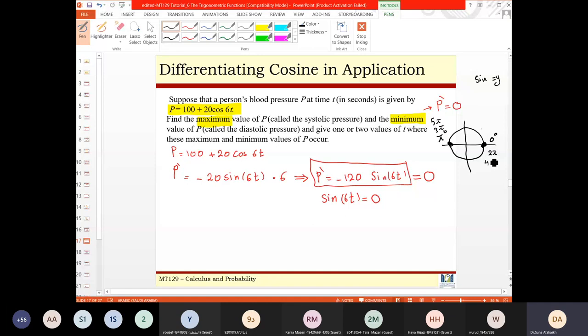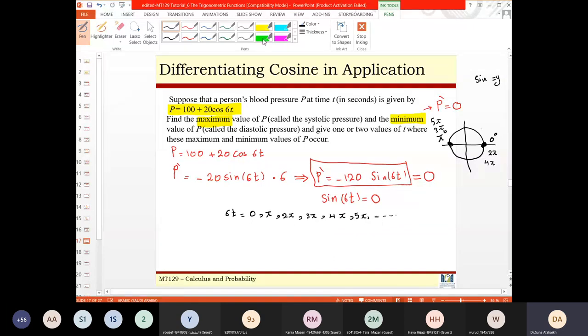Yeah, it's actually 0 at all of these values. So sine 6t is 0. This means that 6t is either 0, or pi, or 2 pi, or 3 pi, or 4 pi, or 5 pi, and so on.